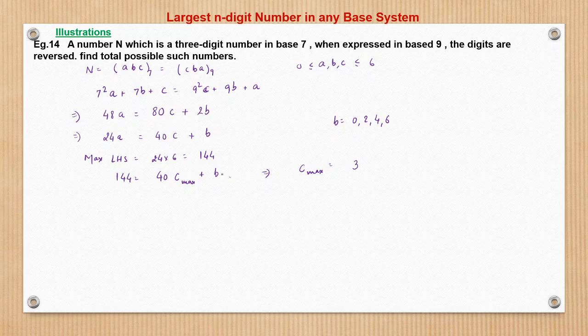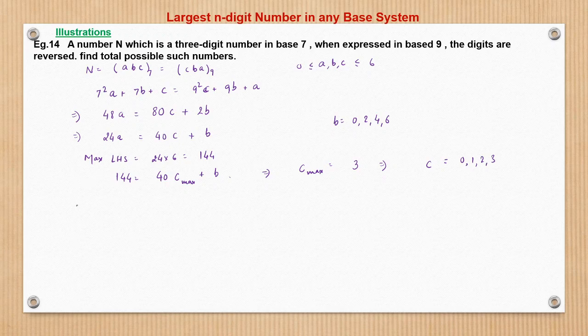This is 144. It cannot take a value of 4. Otherwise, it becomes 160, and LHS is 144 only. So C can take maximum value of 3. Right? So basically from here I can say C is nothing but 0, 1, 2 and 3.